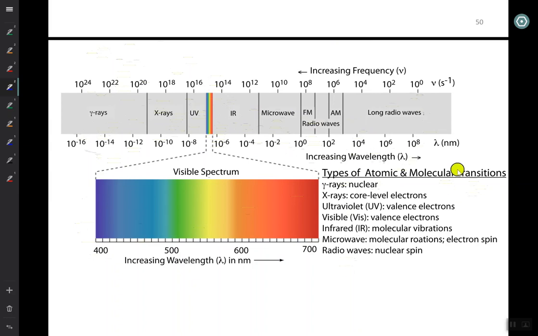And this table here shows you what type of electrons these energies will excite. So if you're looking at nuclear transition, you can use gamma rays or X-rays. If you're looking at valence electrons, UV-vis, or IR, it's for vibrations. And then if you're talking about NMR, that's the radio waves, nuclear spins.